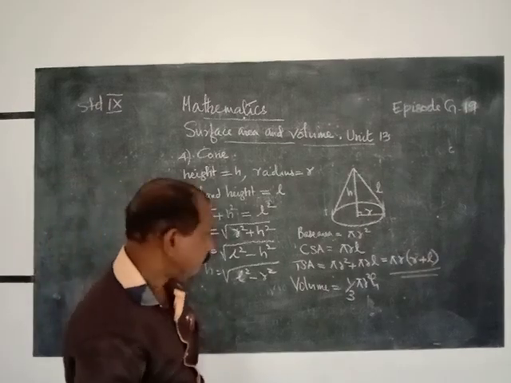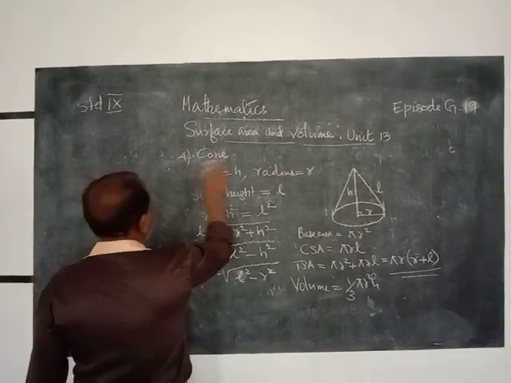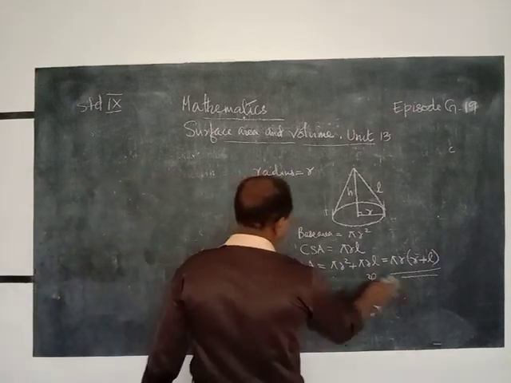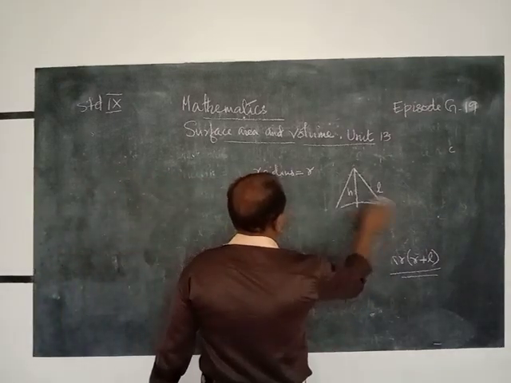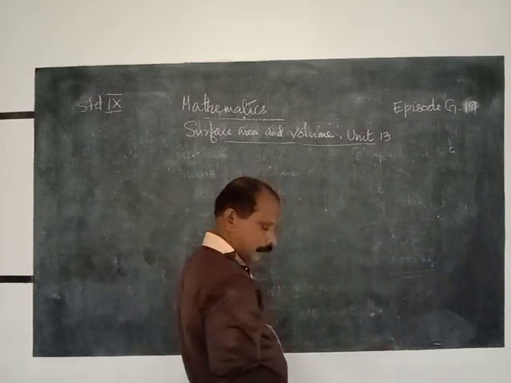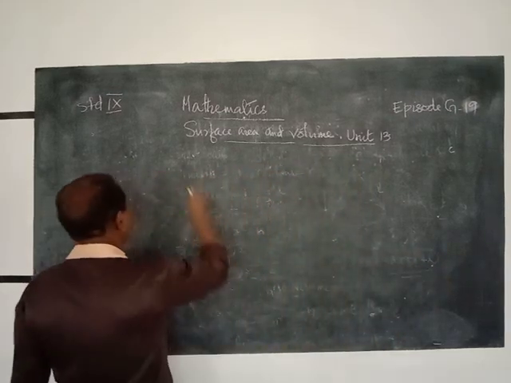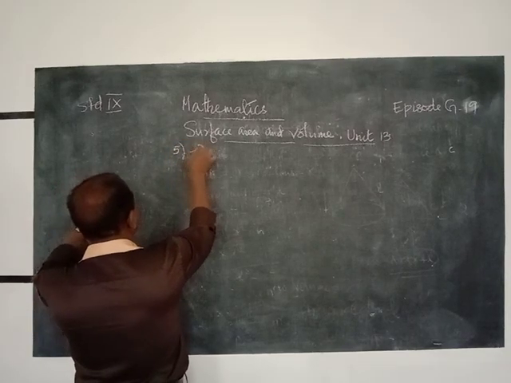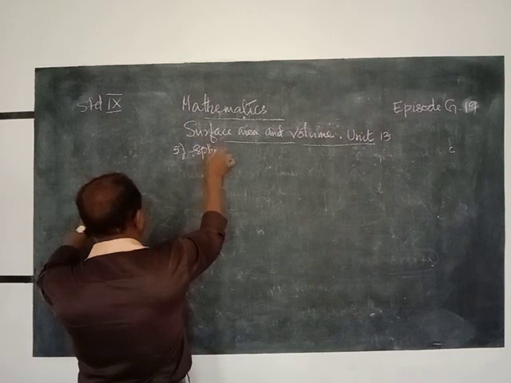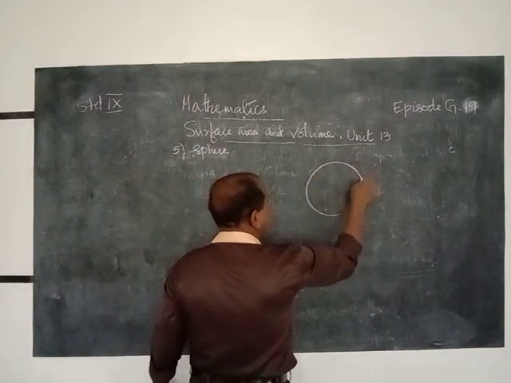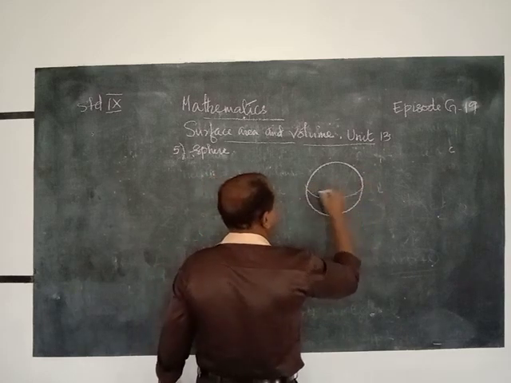Clear? Then let us consider fifth one, that is a sphere. That is a ball, it is a sphere. That is a circular ball.